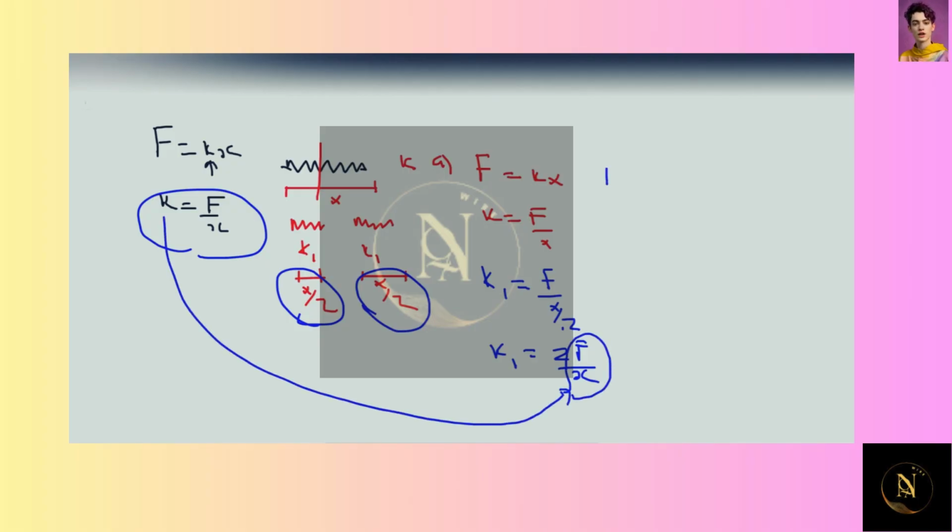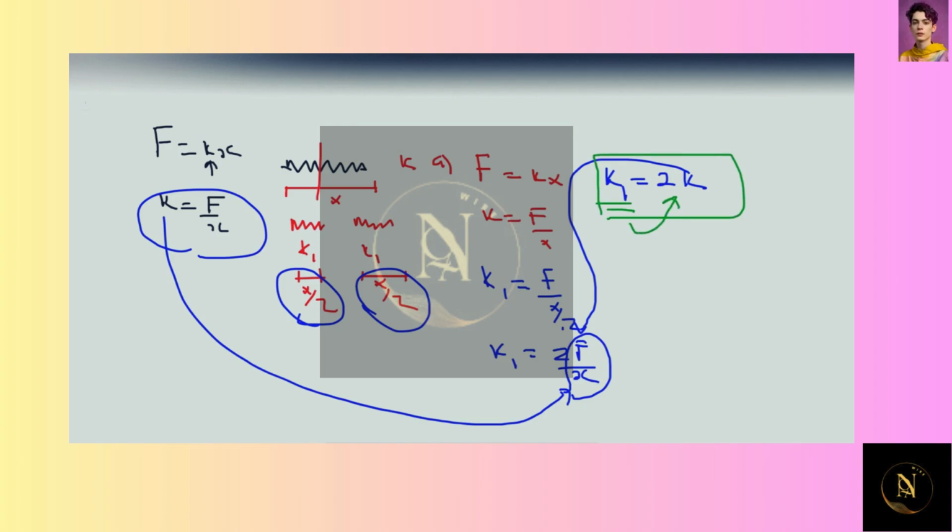And so our new k1 for half the spring becomes 2 times k. All we're saying is that if you split the spring into two, the new spring constant will be twice as much as the old spring constant.